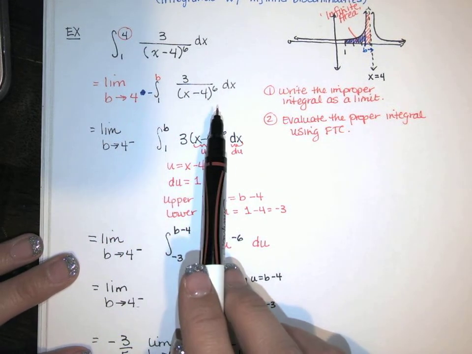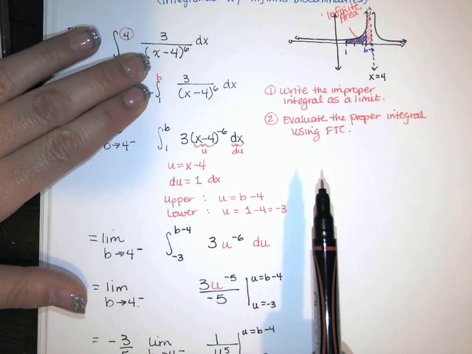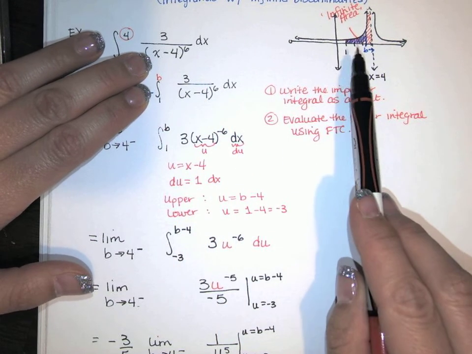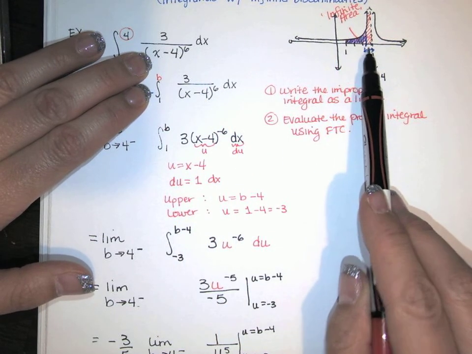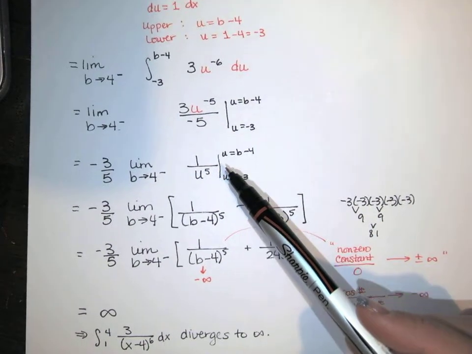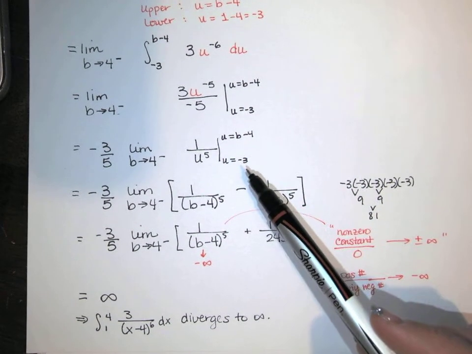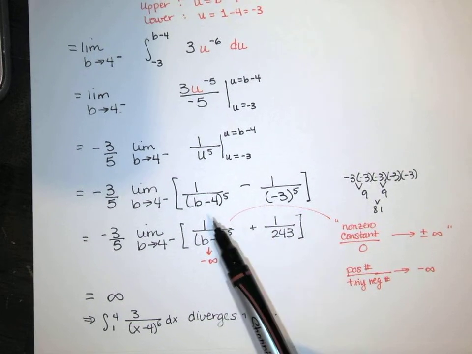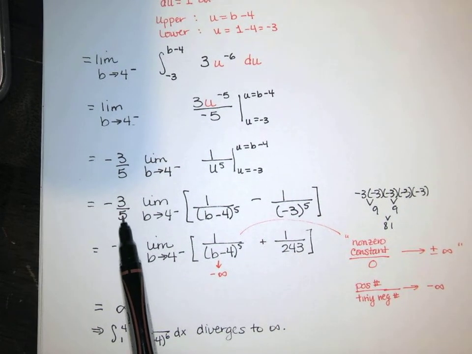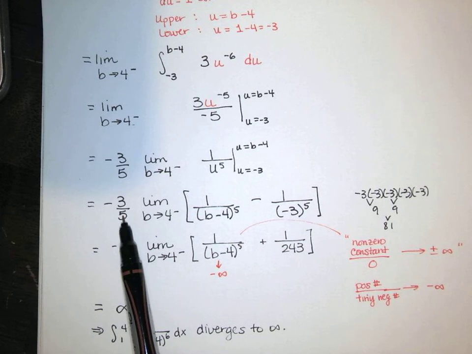Then after you've got it written this way, you almost ignore the limit for a while and you just evaluate this guy. You just want to know what's the area from 1 to b. And we had to use u sub, and we plug in b after the u sub, and we get this. This times that, that's the area under the curve for any b.